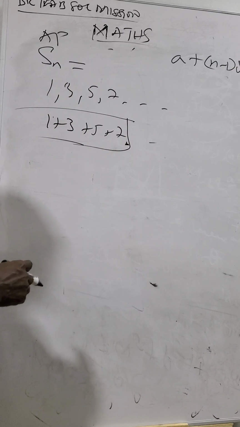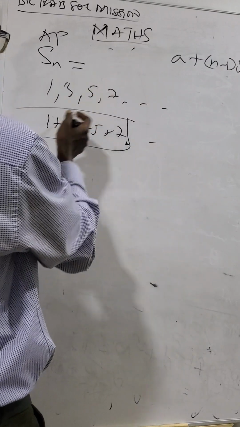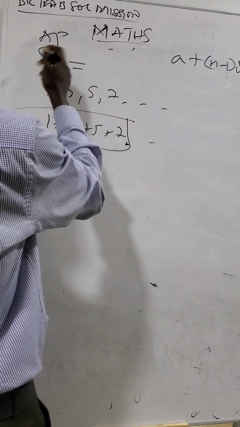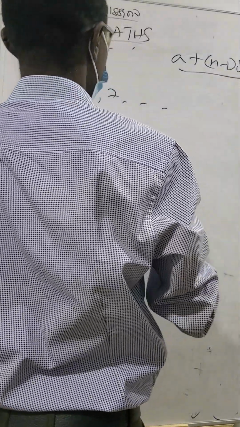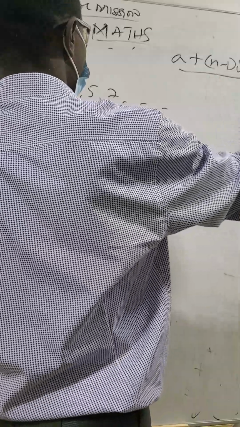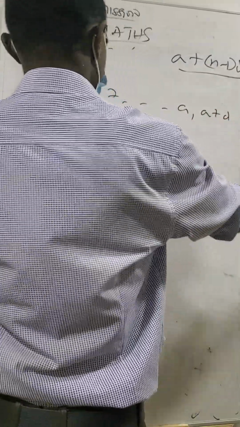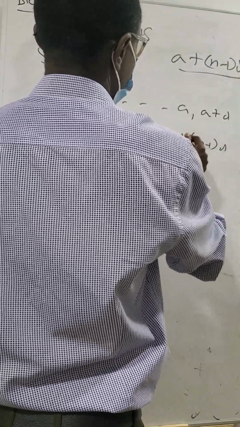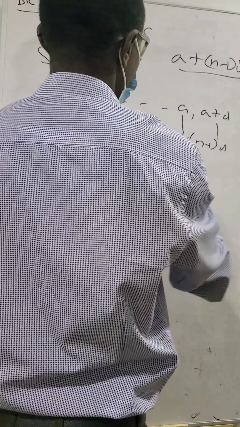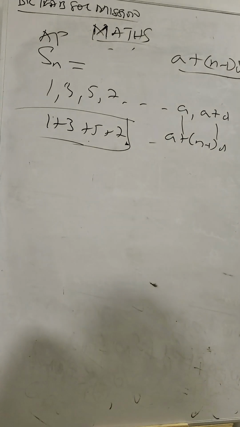Okay, and then if we look at it we can have an example. You can have this expression. If you add them, the equation will come out. If you write them in that order, let's say a plus d and so on, and then you have the other one, a plus n minus 1 d, and then you keep adding them, so that you come out to the same formula, which will give you an answer in this form.